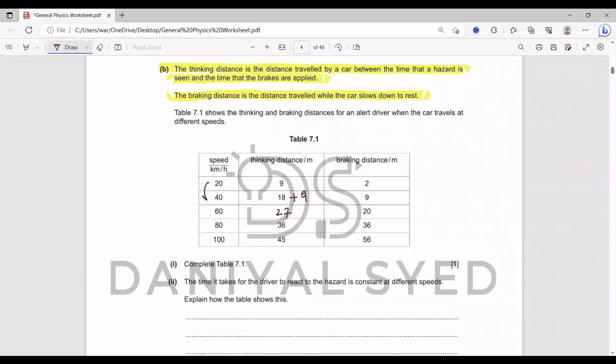Because as the speed increases by 20 kilometer per hour, the thinking distance increases by 9 meter. So both the distance and the speed increase by a constant value. For every 20 kilometer per hour increase in speed, there is a difference of 9 meters in the thinking distance.